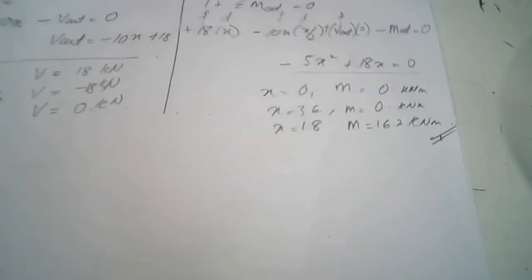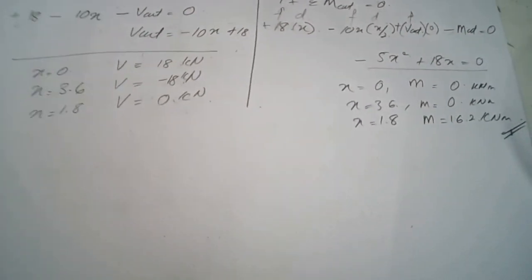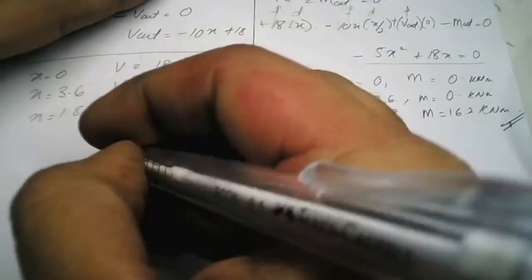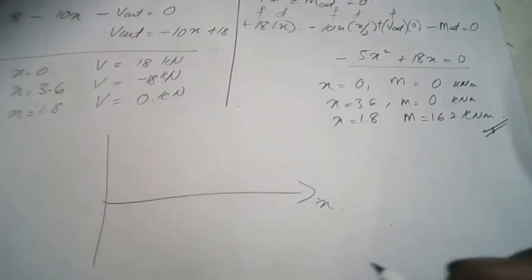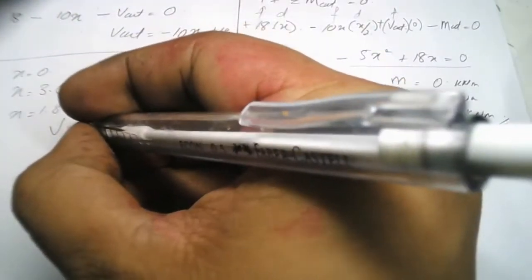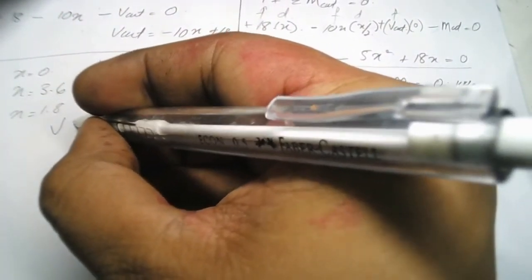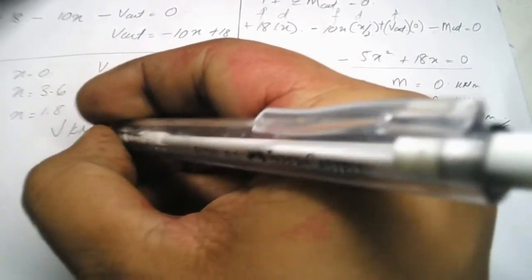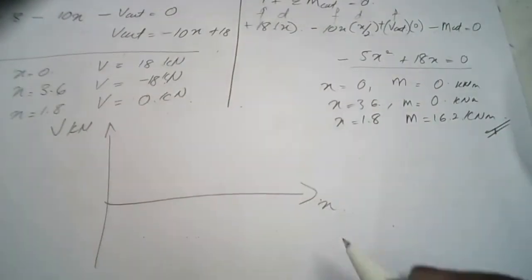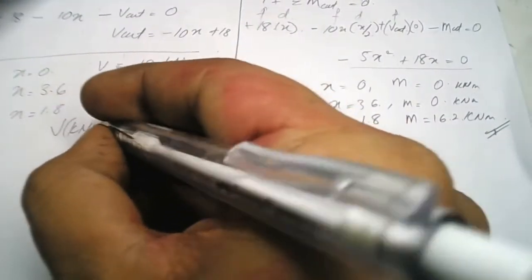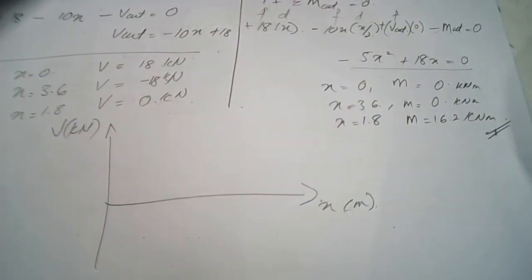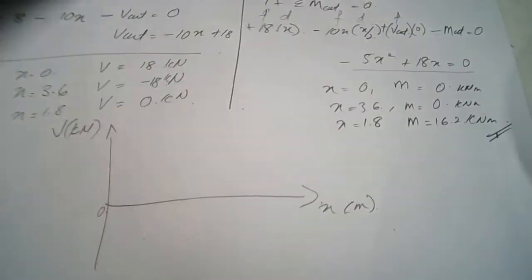For the final part, we are going to draw the shear force diagram. This one is our x, and this one is our V. The unit for V is kilonewton, and the unit for x is meters.